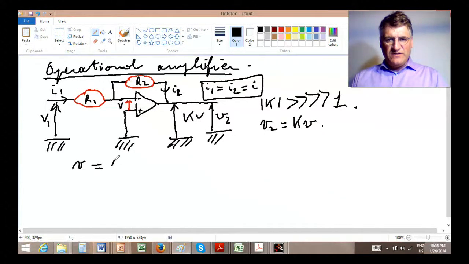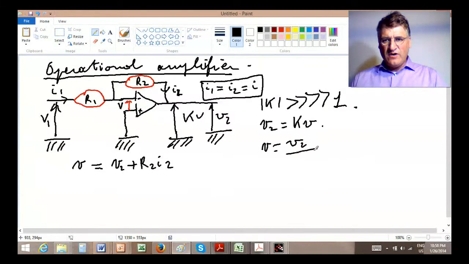So it will be V2 plus R2 I2. Now, of course, V2 is equal to KV as well. Or V equals V2 over K.